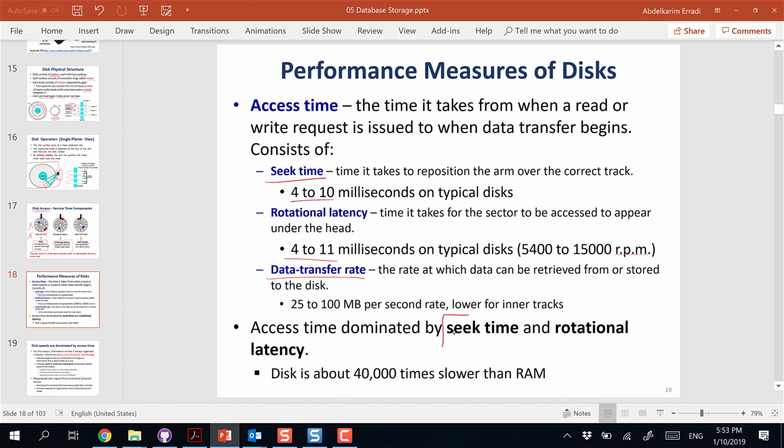The access time is dominated first by the seek time. Why? Because the seek time requires a physical movement of the arm. Then the rotational latency, which requires rotation of the platters. Transfer time is not that heavy.